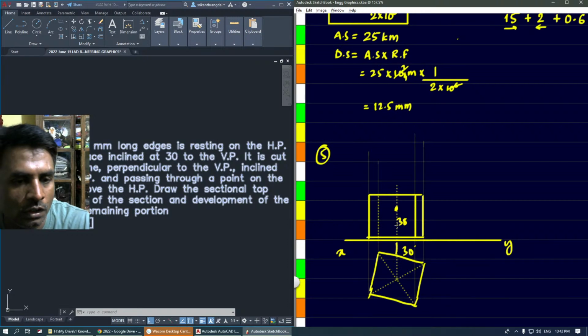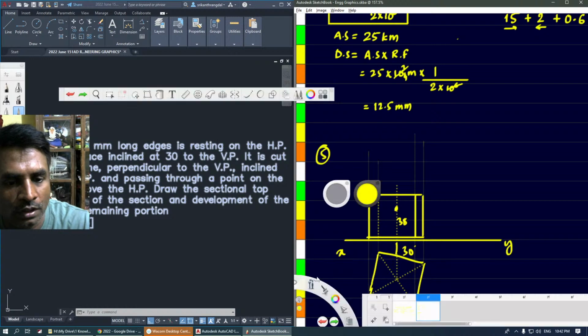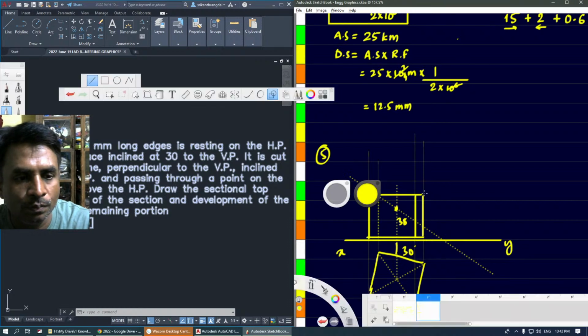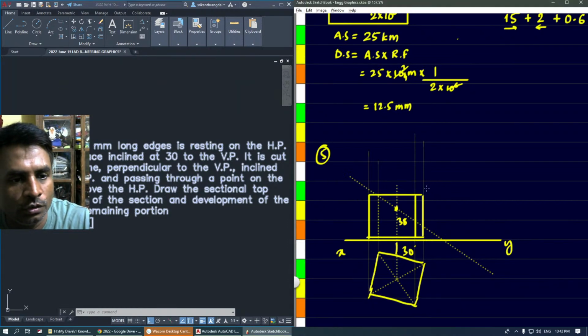Sectional views. So say the sectional view is this. We need to draw this sectional plane, and we need to remove this part.